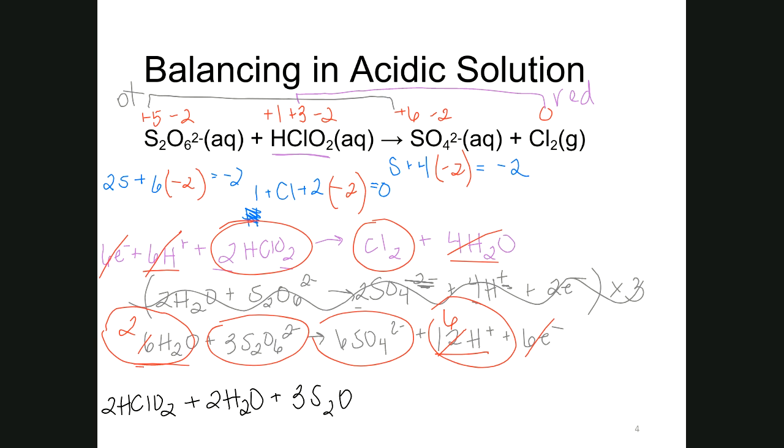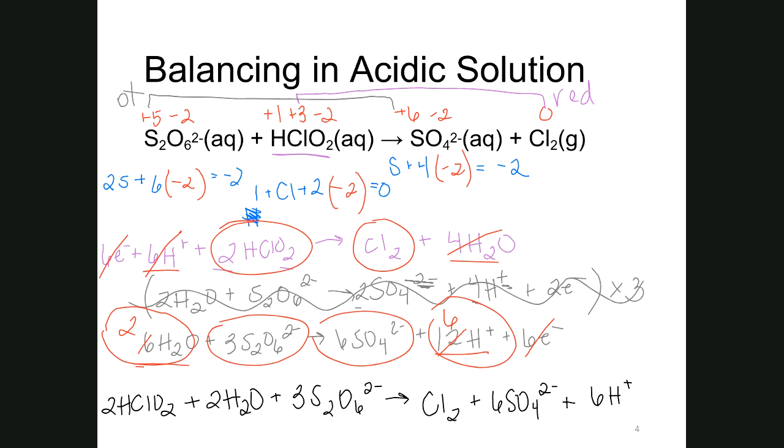My product from the purple is chlorine. My products from the gray are 6 SO4 2- and 6 protons. And that is my final answer in the black. That is the actual reaction that is occurring.